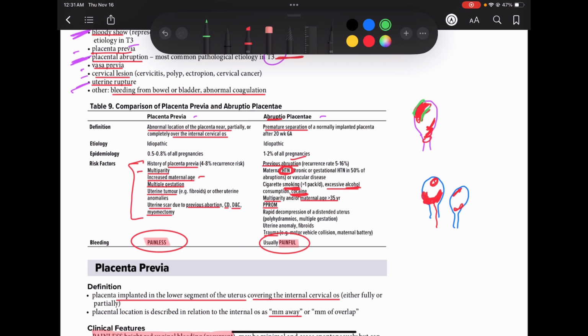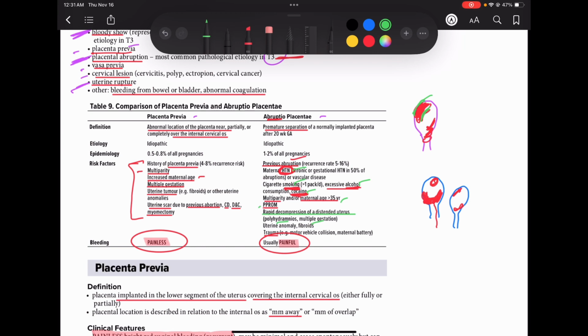Okay, so that would be because of maternal causes like hypertension, alcohol, smoking, cocaine, maternal age more than 35 years, or maybe preterm rupture of membranes, rapid decompression of distended uterus. Uterus was distended, and there came a rapid decompression because of polyhydramnios or multiple gestation, uterine anomalies, or maybe any trauma. Trauma can also lead to placental abruption.